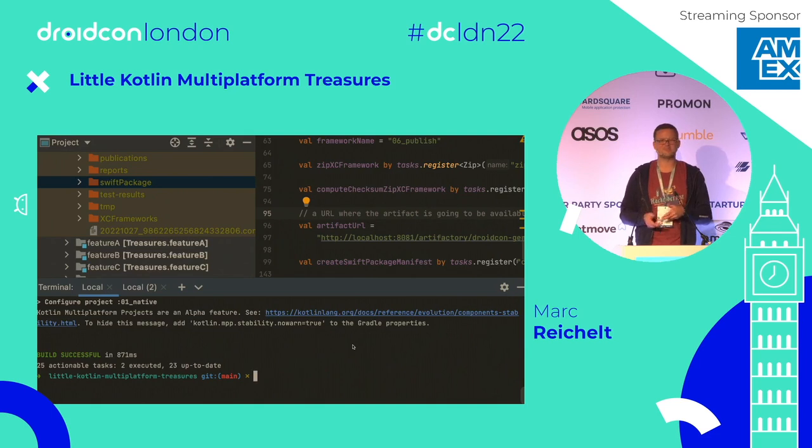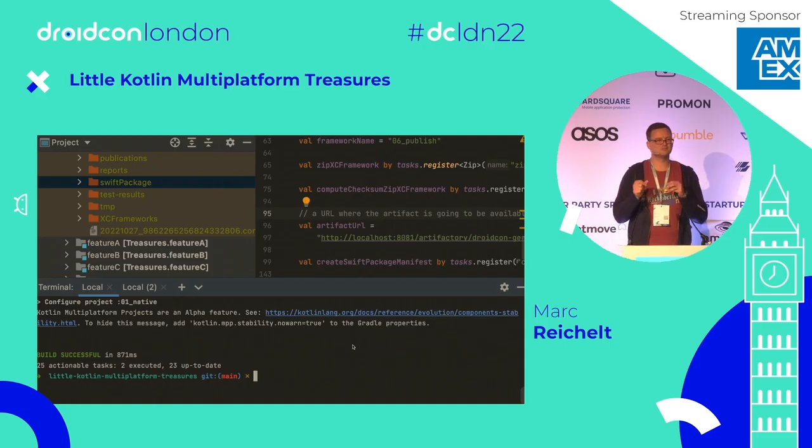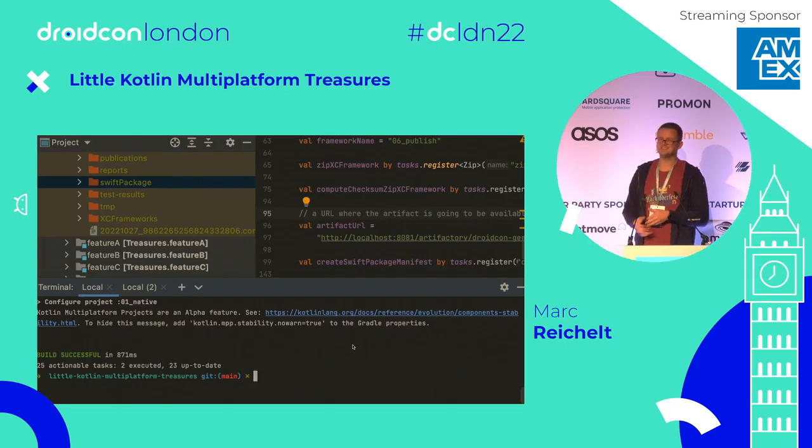So we found out that we are on the right track, and we actually solved the problem too, because if you just push the zip file to a Git repo, which in Swift packages you basically do, it will grow pretty quickly in size. They had trouble with Git repos being 5 or 6 gigabytes in size, because Xcode will download the full Git repository with the full history, which is not that ideal.